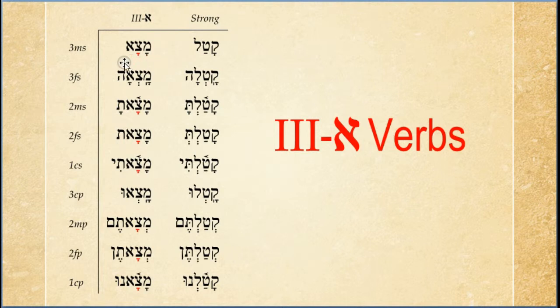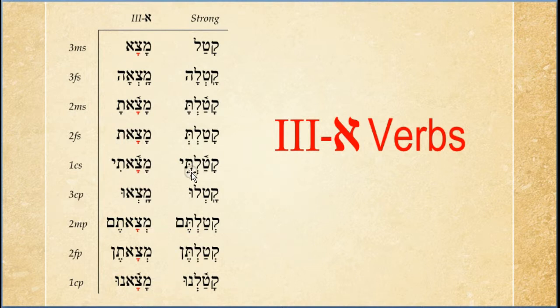You can see that the vowels change, where you have kamatz patach here, you have kamatz. So matzah, although it sounds the same, the actual vowel has changed, and it will change all the way. Now, where it will not change: third feminine singular and third common plural.